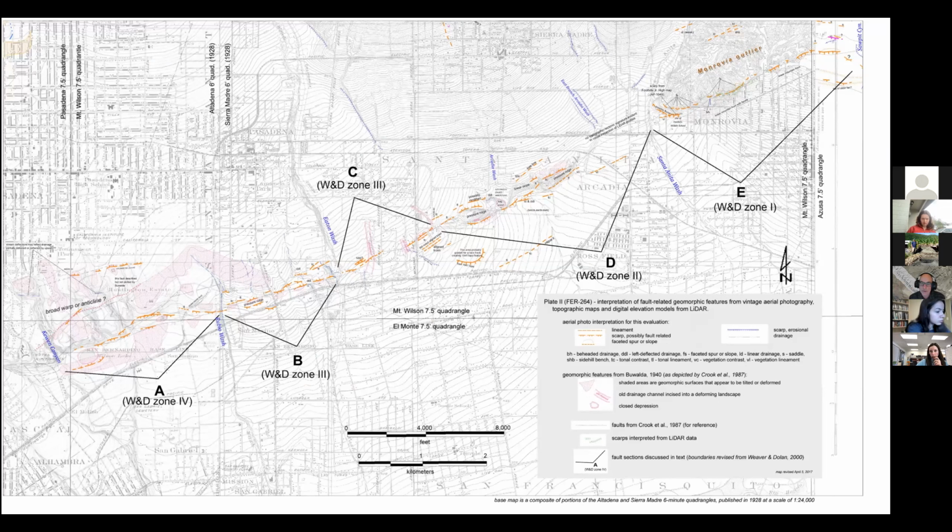Then he also mapped out erosional features, the blue item on the right, and compiled some other geomorphic features from Buwalda. So this is a data compilation, mostly remote, exactly as you guys are doing.